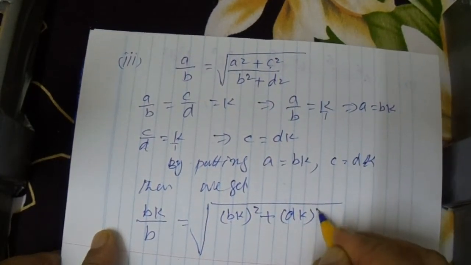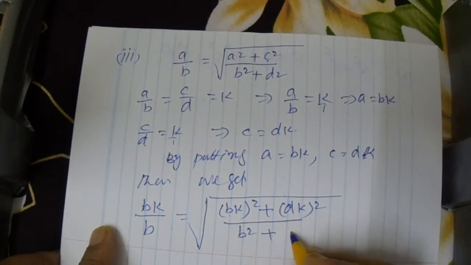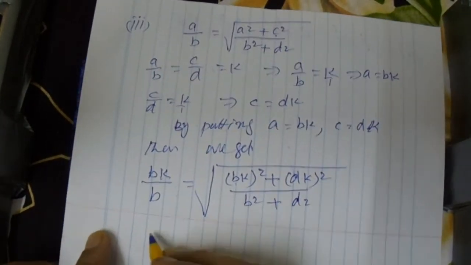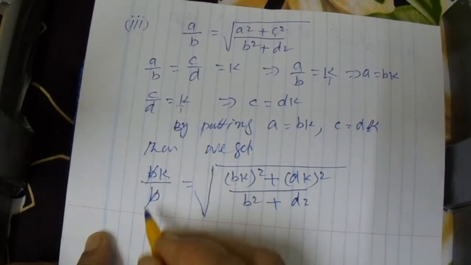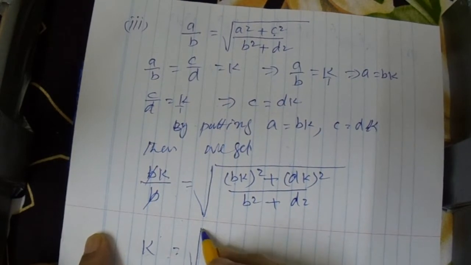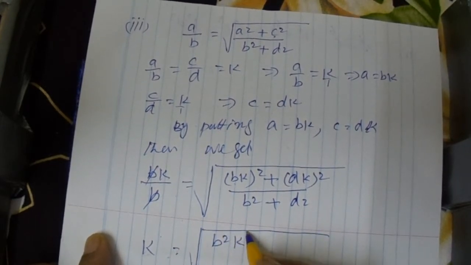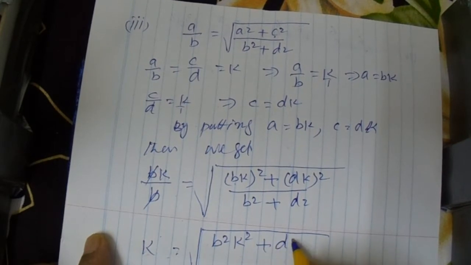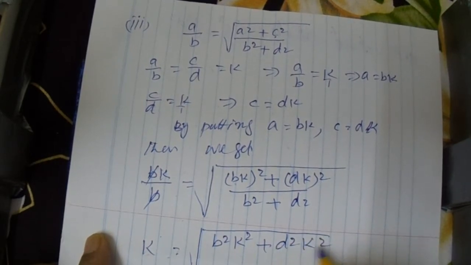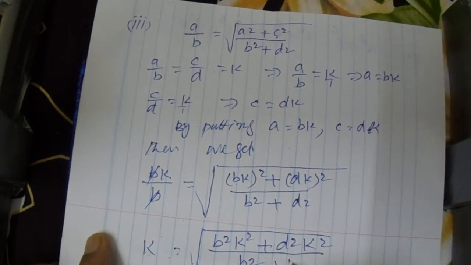Now we also square over b square plus d square. So again I write, this b will cancel this, we have only on the left side k, and here also b square k square plus d square k square over b square plus d square.